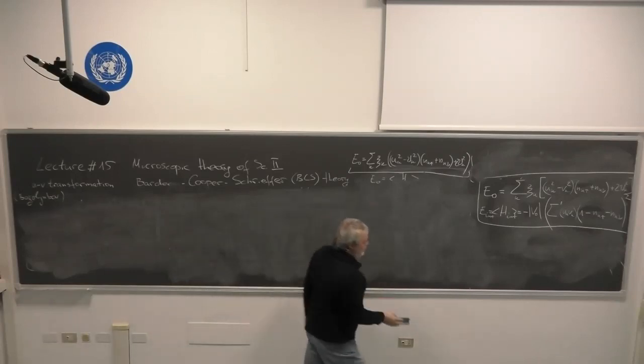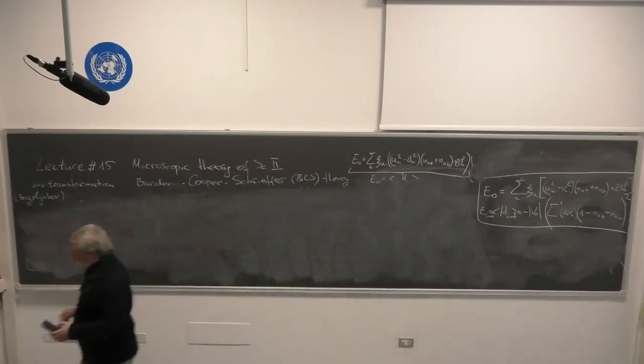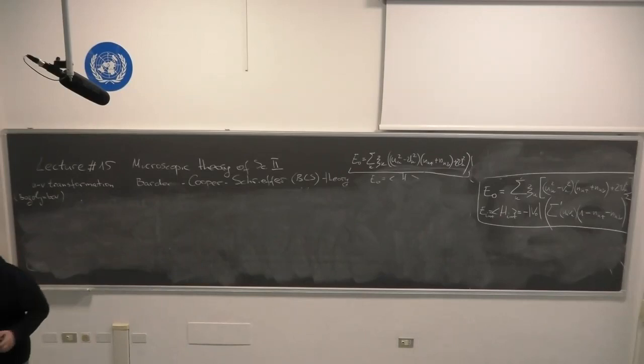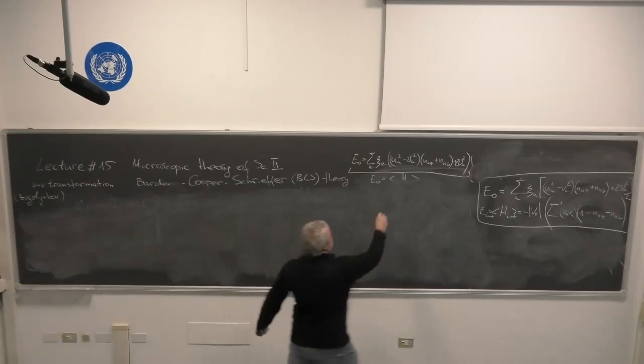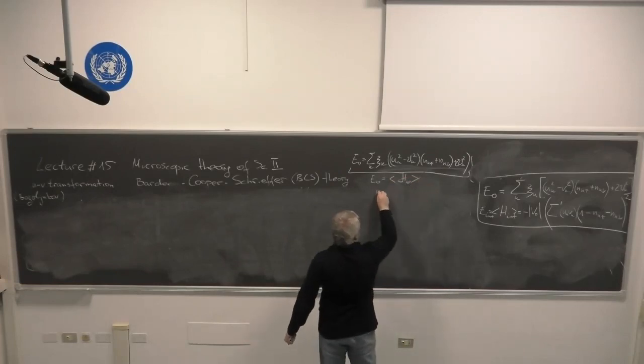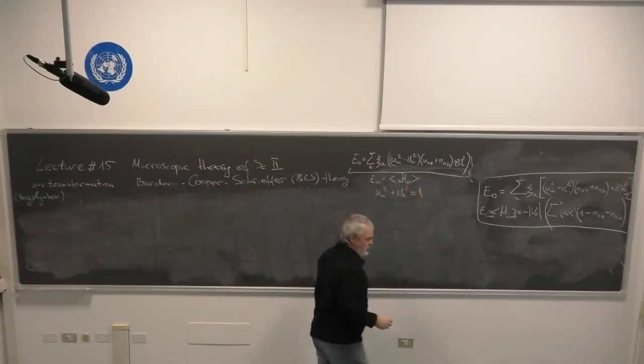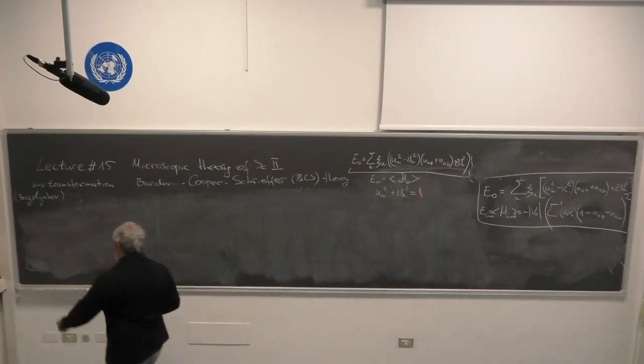U and v are connected through the determinant. So I have UK squared plus VK squared is equal to 1. It comes from the determinant.